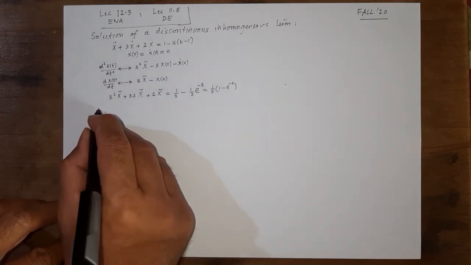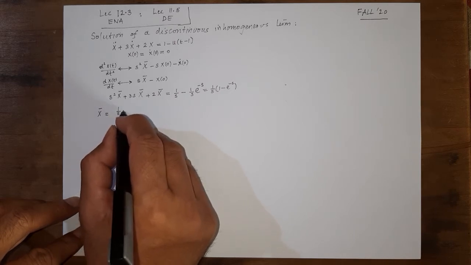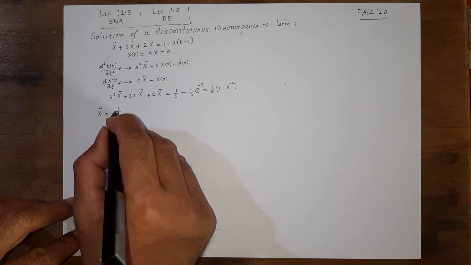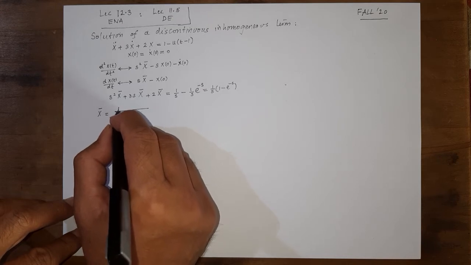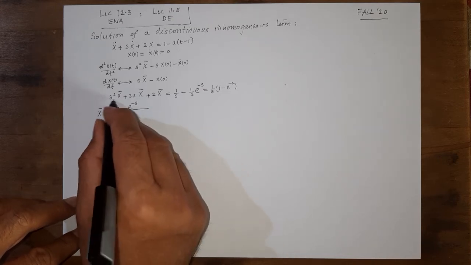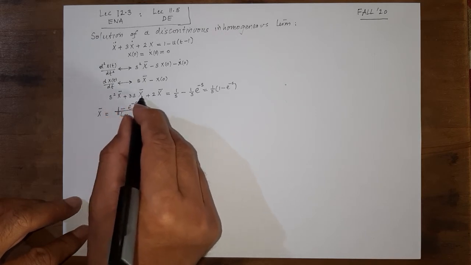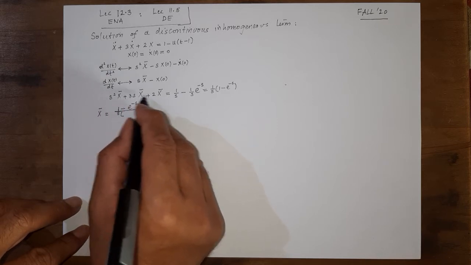So X(s) is equal to 1 by s, we can write it as s in the denominator, and this is 1 minus e raised to the power minus s, and we get s squared plus 3s plus 2, and we can see that this can be factored as (s plus 1)(s plus 2).